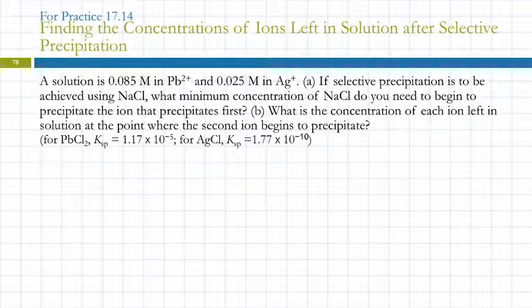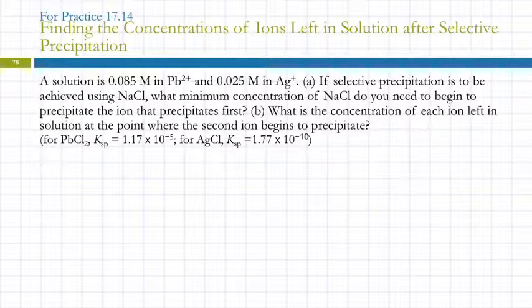Well, let's tackle these one at a time. What's going to precipitate first? We're going to look at our KSP values, right? This is 10 to the minus 5, that's 10 to the minus 10. The silver chloride is going to precipitate first.